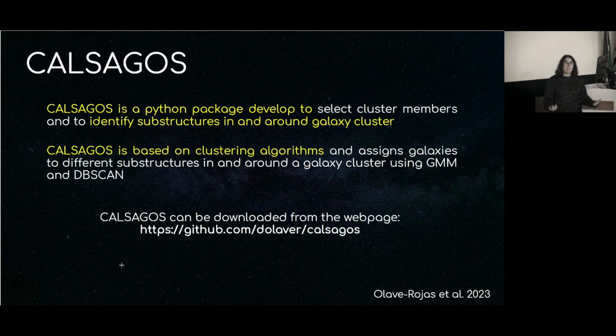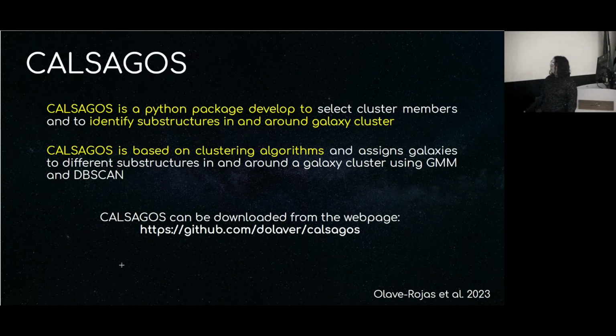In order to combine the clustering algorithms and improve their development, I developed Calzagos, which is a Python package that selects cluster members and identifies substructures in and around galaxy clusters using mainly clustering algorithms, GMM and DBScan in the first version.